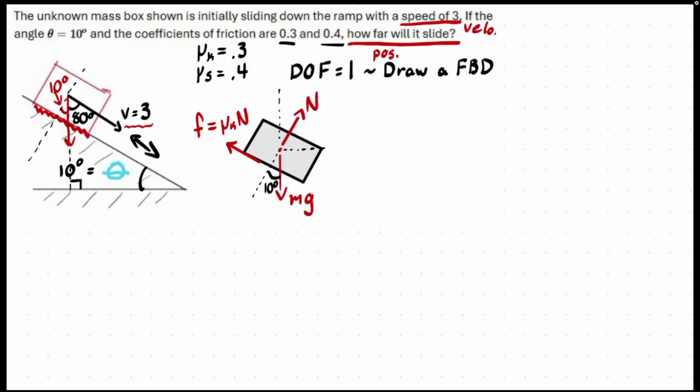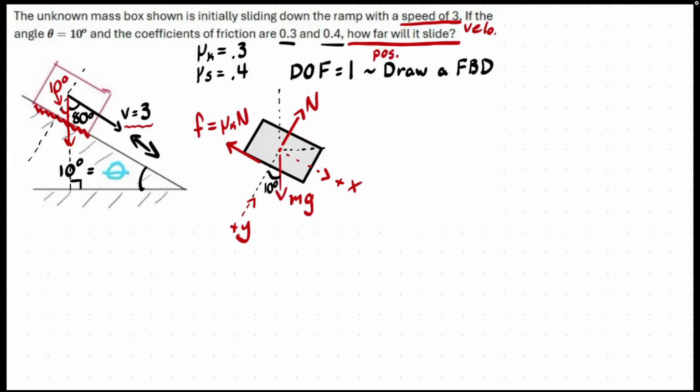And then let's make our life a lot easier and label our axes in the way that's most convenient. So I'm going to say that going up this way is positive y, and going to the right is positive x, so that two of our forces are lined up with these axes. Gravity, we can just figure out at the end.